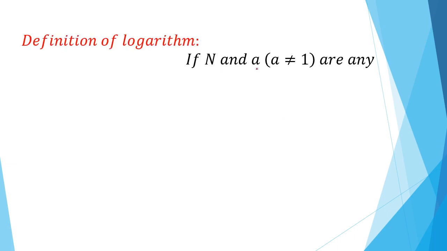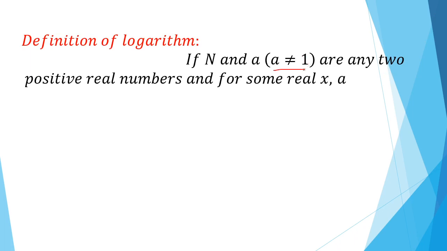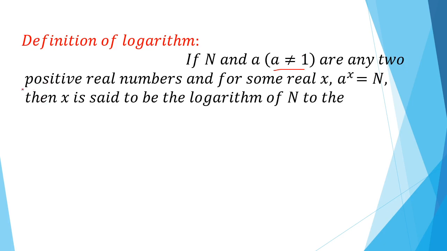If n and a are any two positive real numbers, where a is not equal to 1, you have to keep in mind, and for some real x, it may be a rational number, it may be an irrational number, then the exponential form is a power x is equal to n.